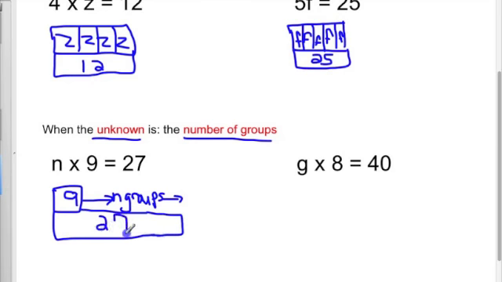Okay, now that I have that drawn correctly, see if you can pause the video and do g times 8 equals 40. Remember, the unknown is g, which is the number of groups.